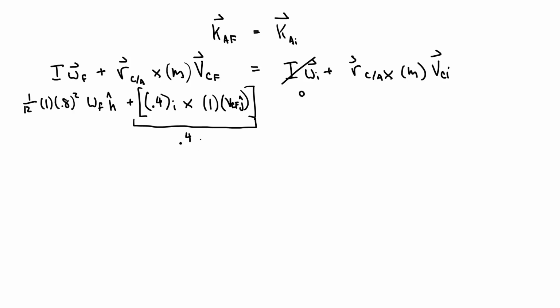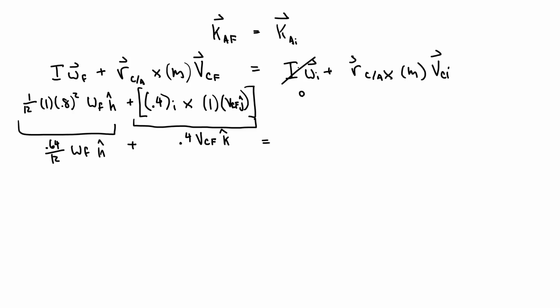So 0.4 VC final in the K hat direction is the result of this cross product. This piece up here, if I simplify, so 1/12 times 1 times 0.8 squared, it's going to be 0.64 over 12 omega final in the K hat direction.